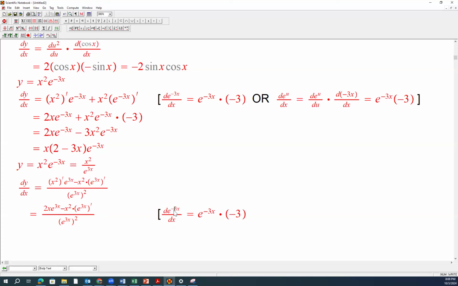It was a positive 3x, so this is a positive 3. So this part equals 3 times e to the power 3x.